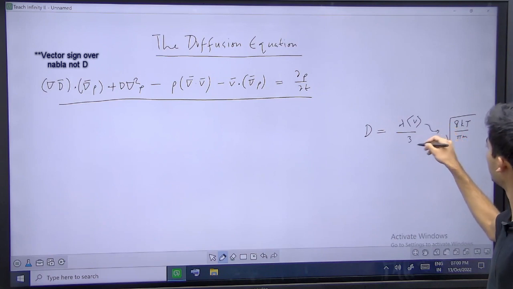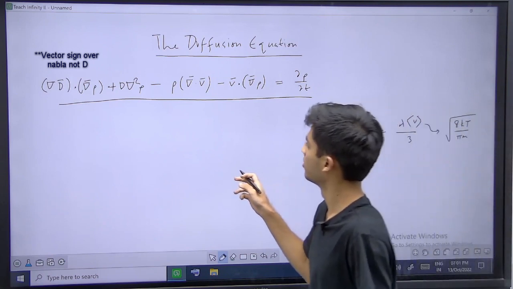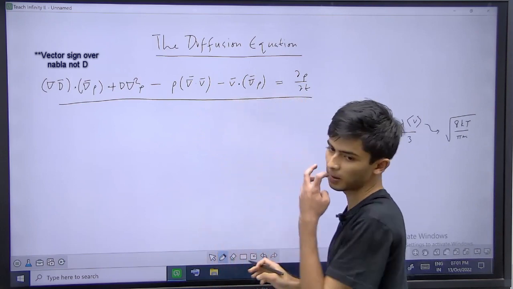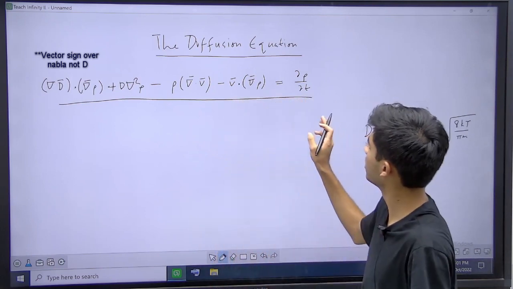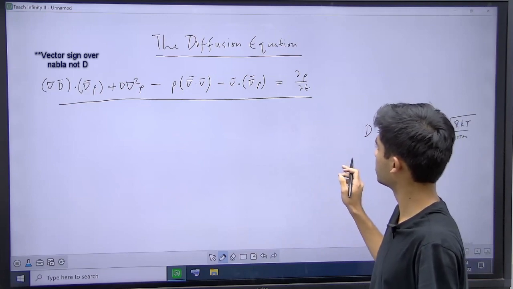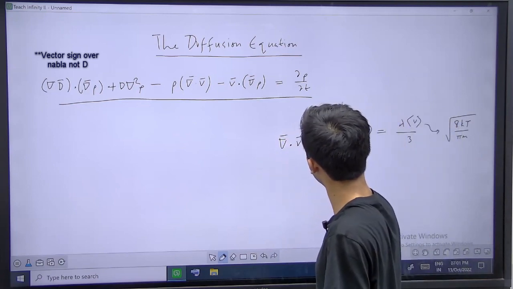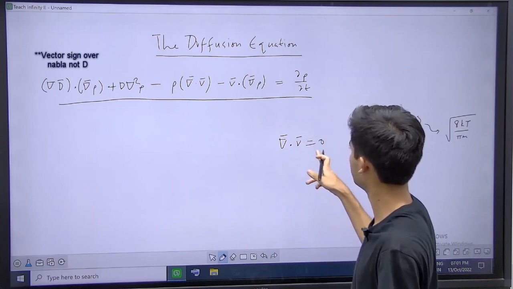But anyway, this is the form of the equation, and what we will now assume is firstly this.